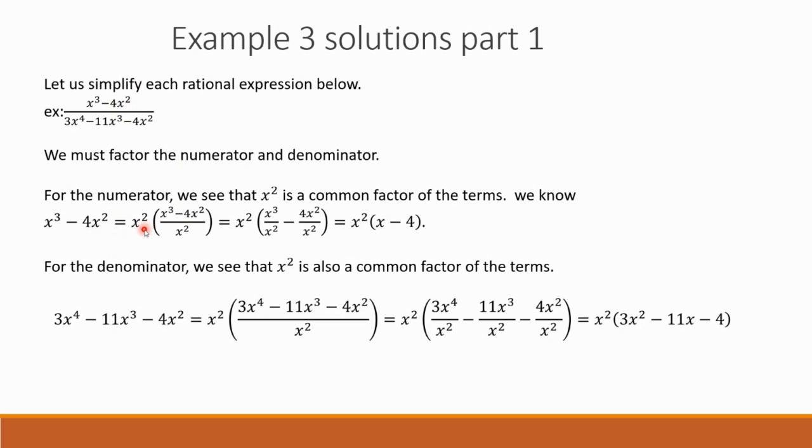We have x squared times x cubed minus 4x squared over x squared. This is equal to x squared times this, when you divide into each term. So we get x squared times x minus 4, like so.